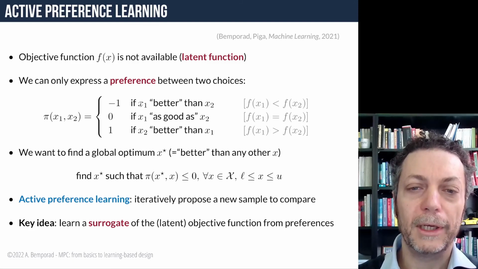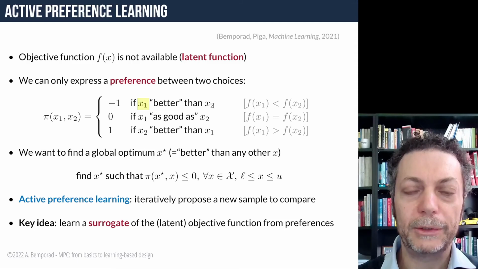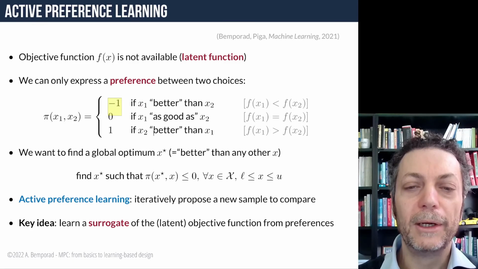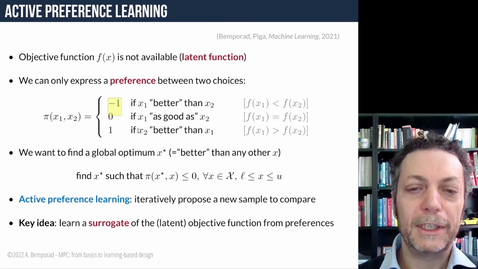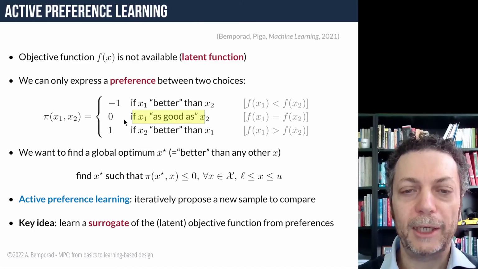So when we generate two samples of the MPC parameters, in this case x1 and x2, we can ask somebody, can you please tell me whether you prefer x1 to x2? In this case, the preference is labeled as -1, or vice versa, if x2 is better than x1, then we assign a preference value of 1, or they are more or less the same, and then we consider this as a 0.